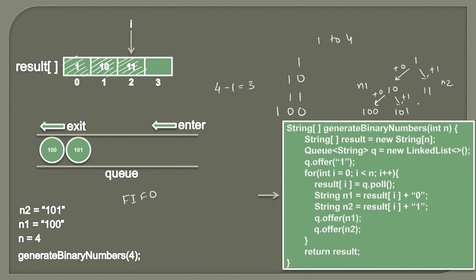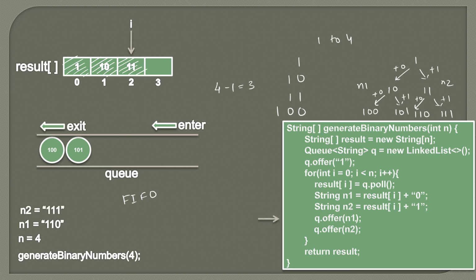To generate the further elements, we will append 0 and append 1. So it will give 1 1 0 and 1 1 1. We will generate both of these numbers n1 and n2. So n1 becomes 1 1 plus 0, which gives 1 1 0, and n2 becomes 1 1 plus 1, which gives 1 1 1.